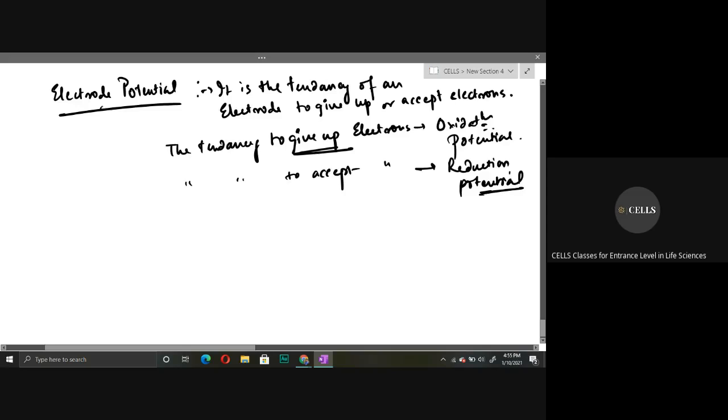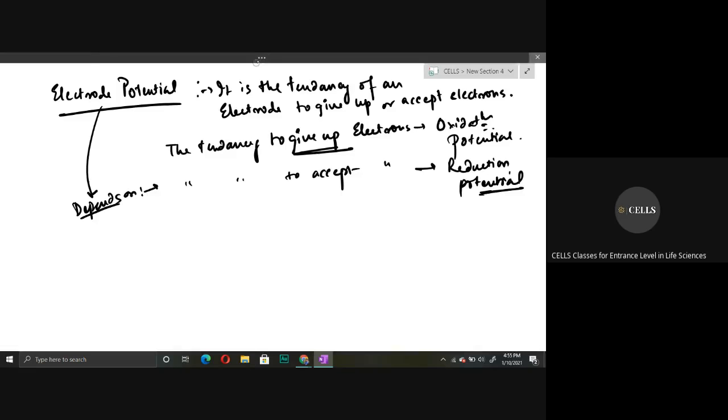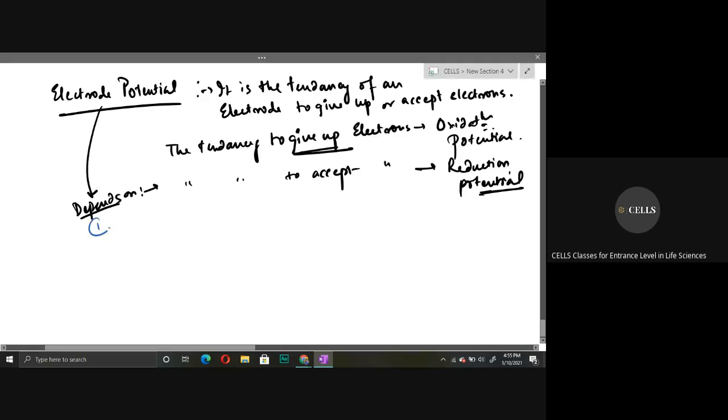Now this electrode potential depends on what? First, it will depend upon the nature of the metal used in the electrode. And second, it will also depend upon the concentration of the ionic solution.